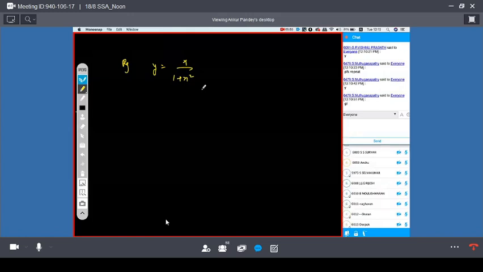What is the range of f of x or y equal to x upon 1 plus x square?